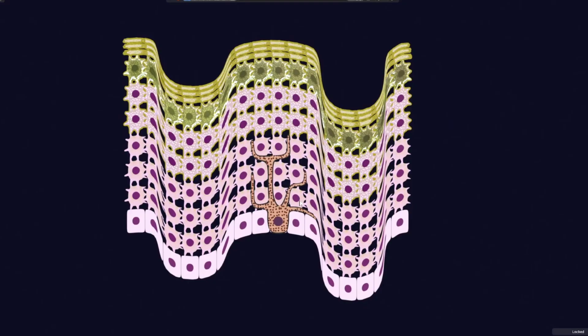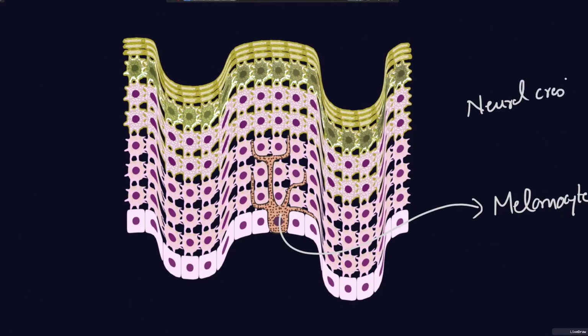We will discuss briefly how they give this pigment to surrounding cells, but that's how it works. So these cells are called melanocytes, and from the embryonic point of view, you need to know the origin of melanocyte. So the origin of melanocyte is neural crest cells. This is important.